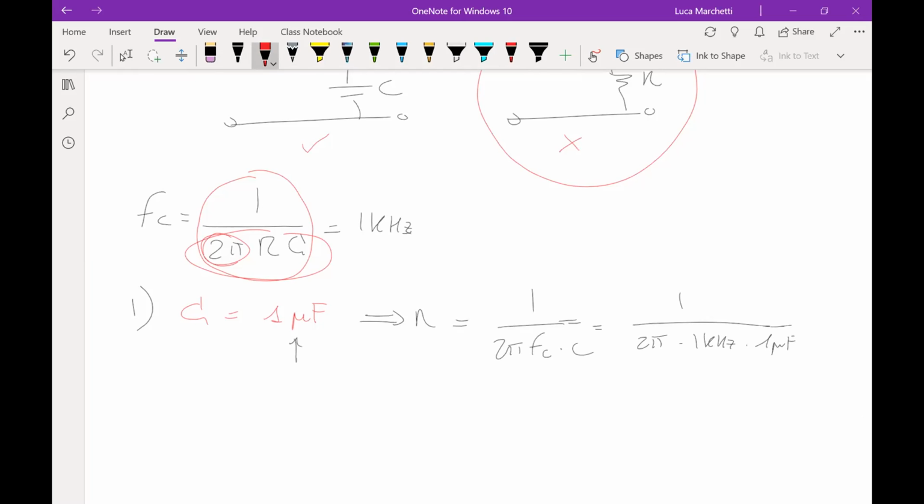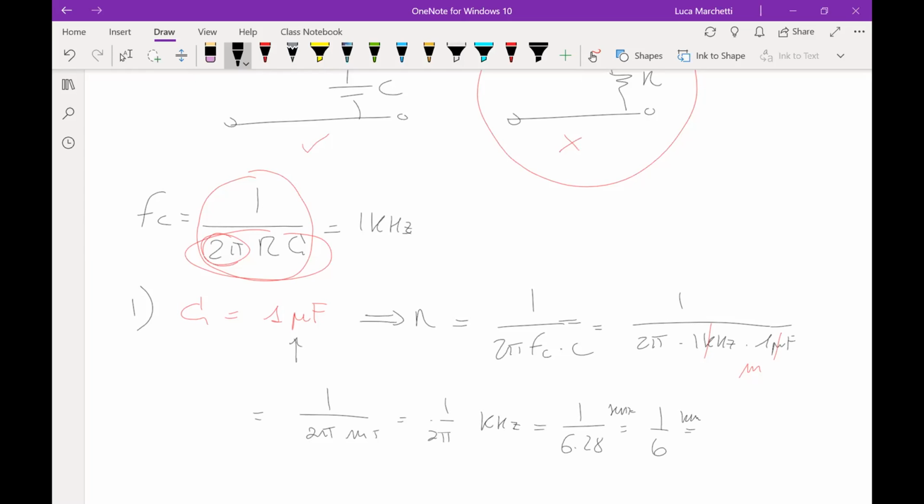Then we know that micro multiplied by kilo is equal to milli, as I said before. Then we have 1 divided by 2 millisecond. 1 over 1 millisecond is kilohertz, so it's 1 over 2 pi kilohertz, which means 1 divided by 6.28, more or less. Let's say 1 divided by 6, and this is equal to, of course, kilohertz.